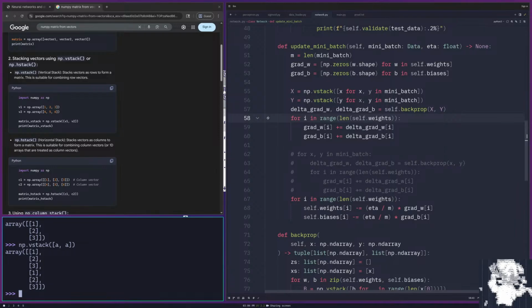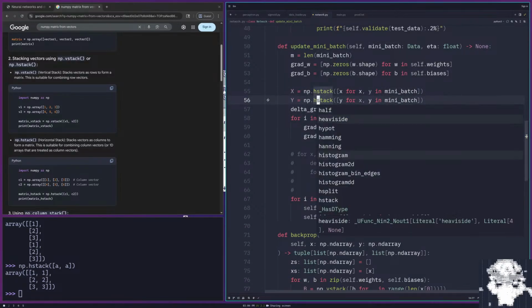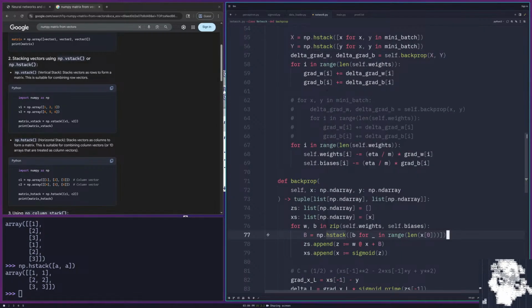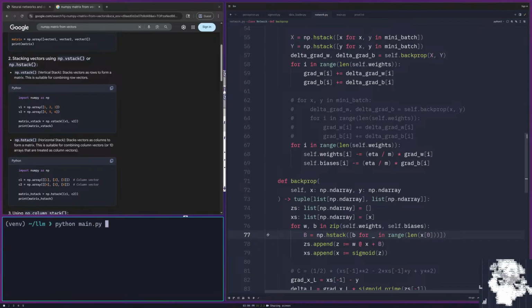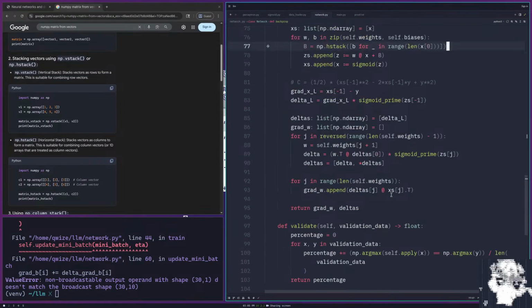Okay, that's not what I want. So do I want hstack? I actually do want hstack. Okay. That makes sense, actually.